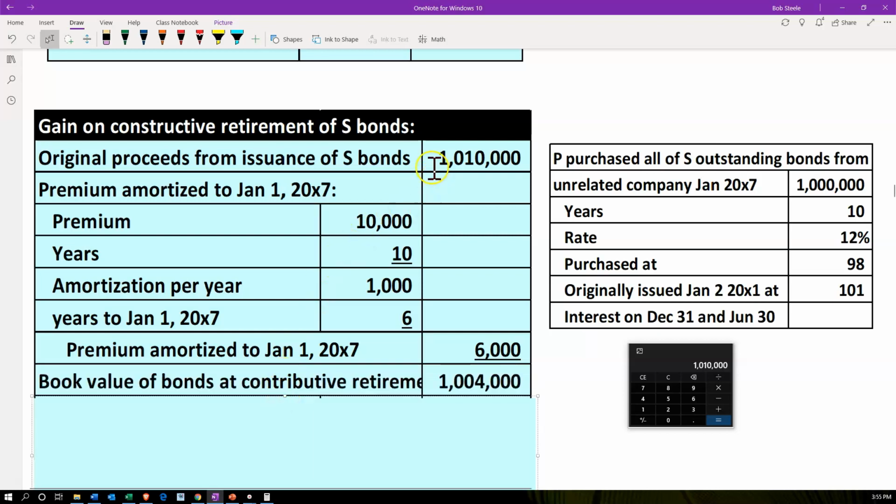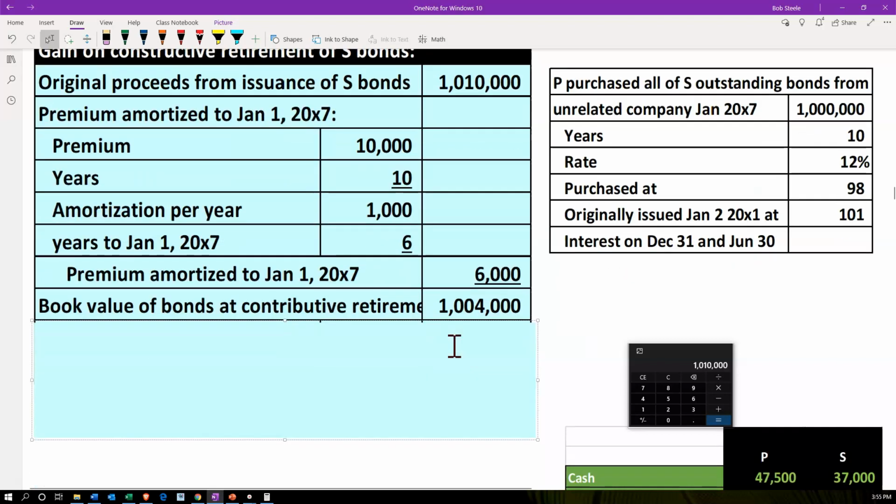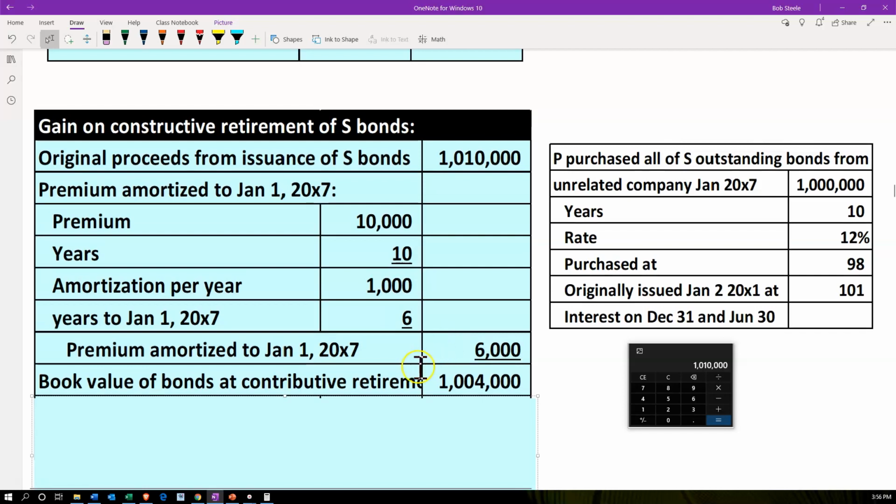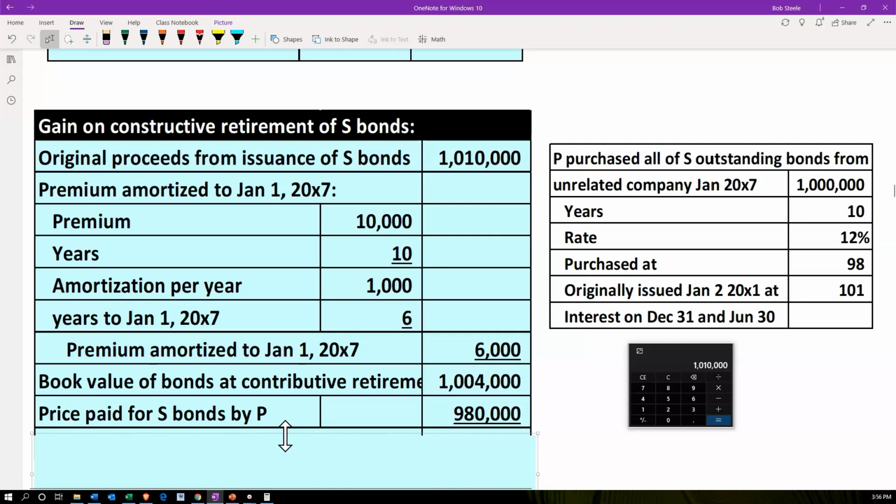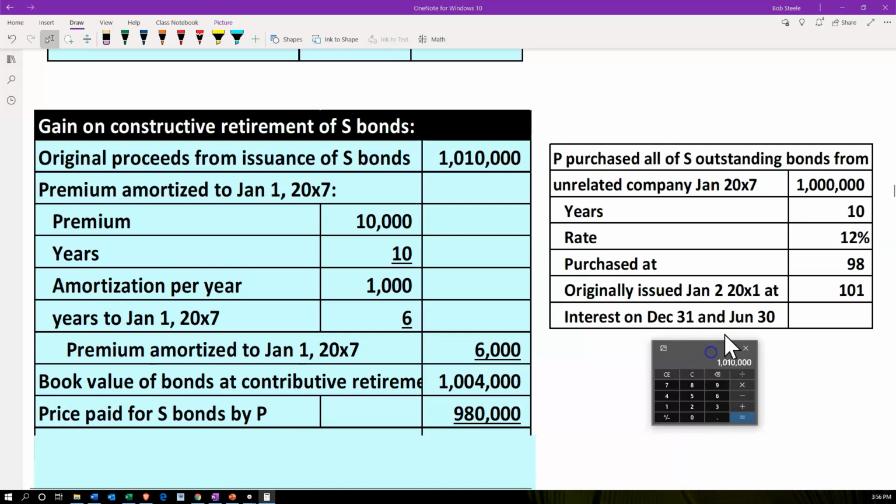So if we take the original amount, the net amount or book amount of the bonds at the point of purchase, minus the premium that has been amortized, we're down to a bond amount of 1,004,000 at the point of purchase by P from a third party. We compare that to the price paid for the bonds by P, who paid at a discount of 98.